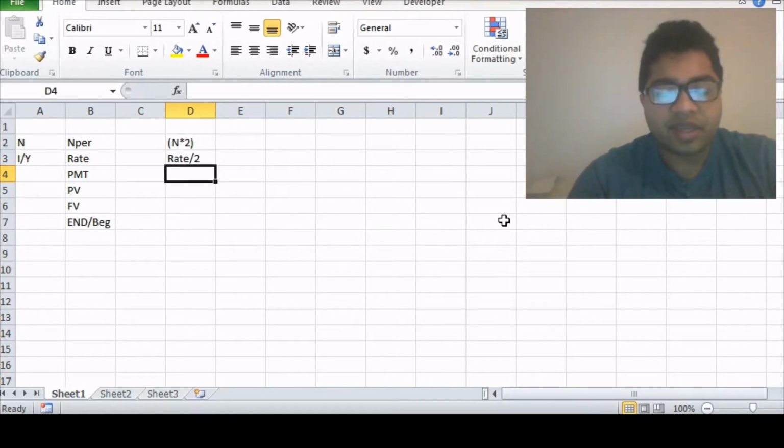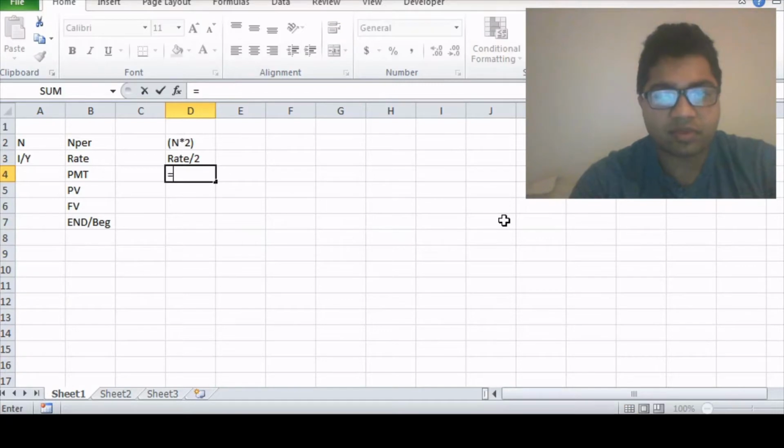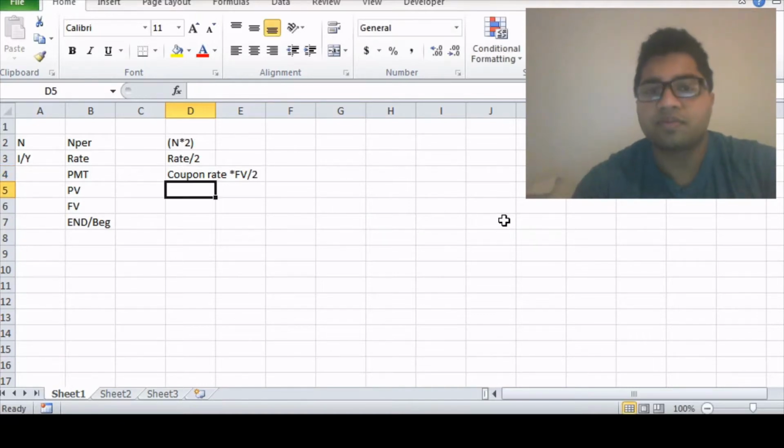Next, your PMT is always mentioned as a rate, the coupon rate. The coupons that you get are the coupon rate multiplied by face value or par value, divided by 2, again in semi-annual terms.